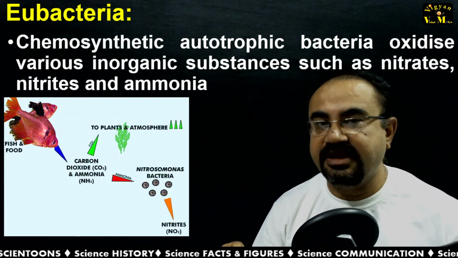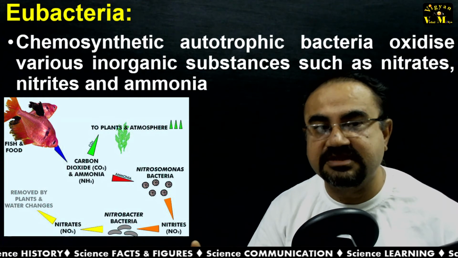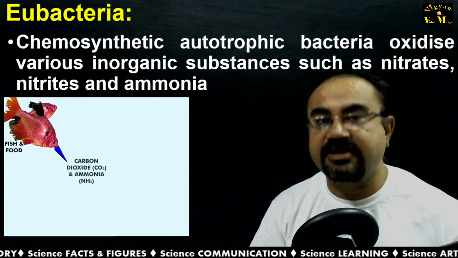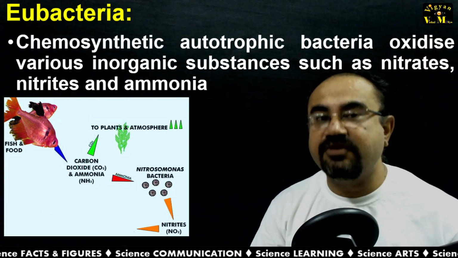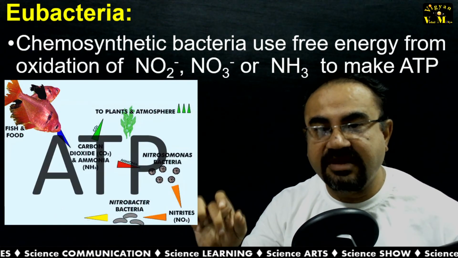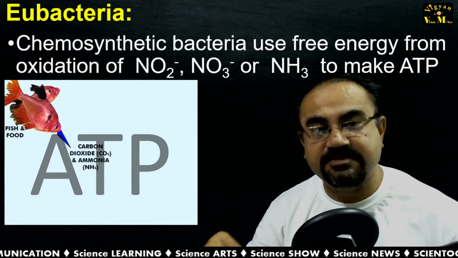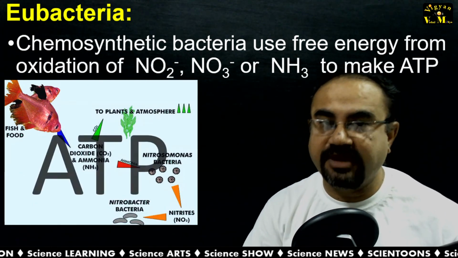Chemosynthetic autotrophic bacteria are capable of oxidizing various inorganic substances like nitrite, nitrate, or ammonia. And from that oxidation, the chemical free energy will be utilized by the bacteria for the production of ATP.